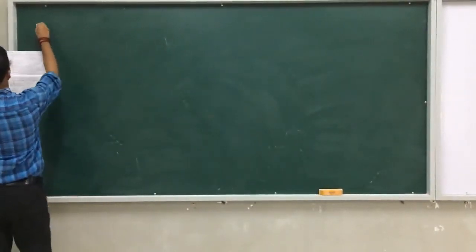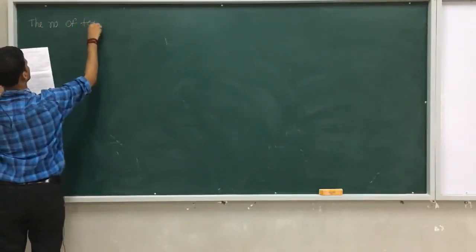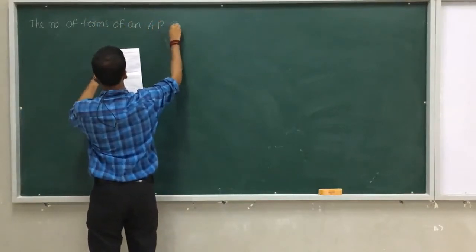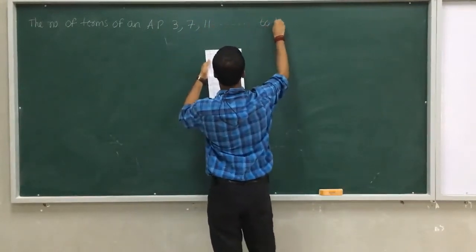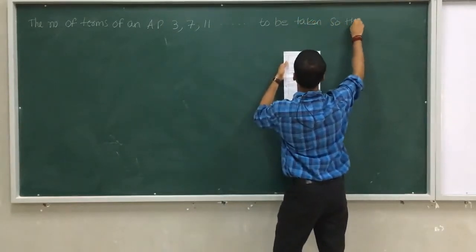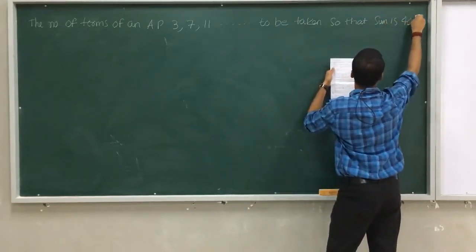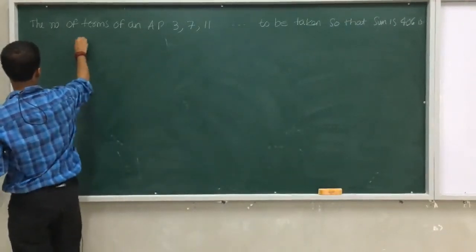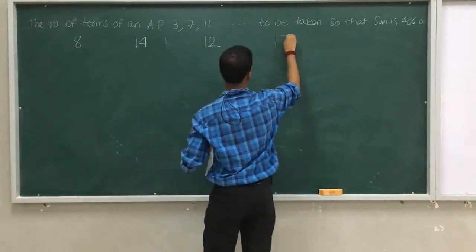Now, a bit of an interesting question. The number of terms of an AP 3, 7, 11 to be taken so that the sum is 406 is: first option is 8, second option is 14, third option is 12, fourth option is 17.